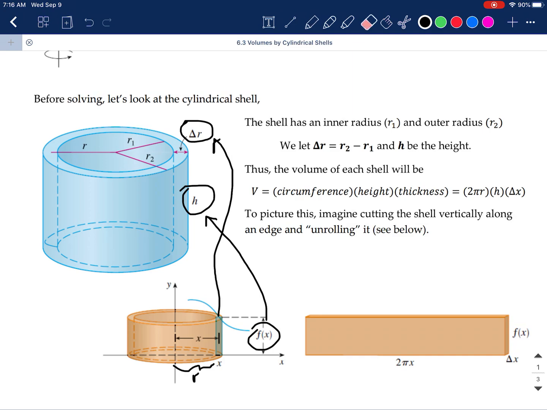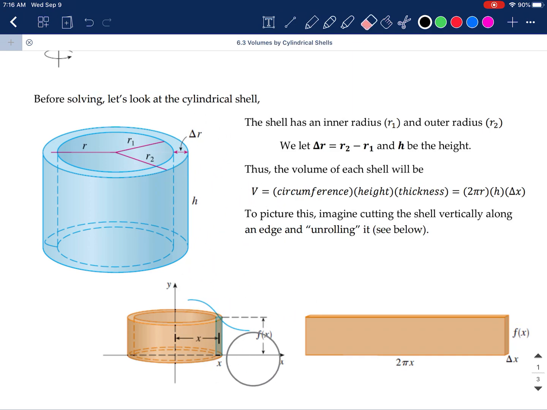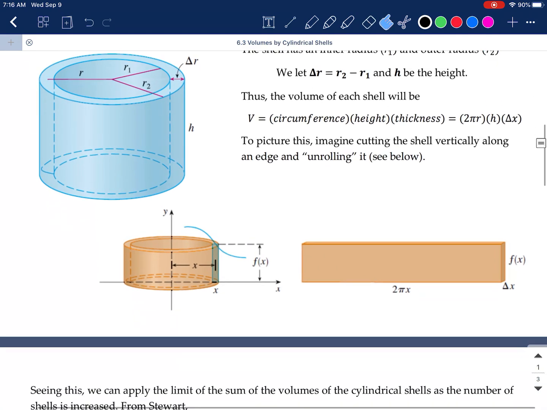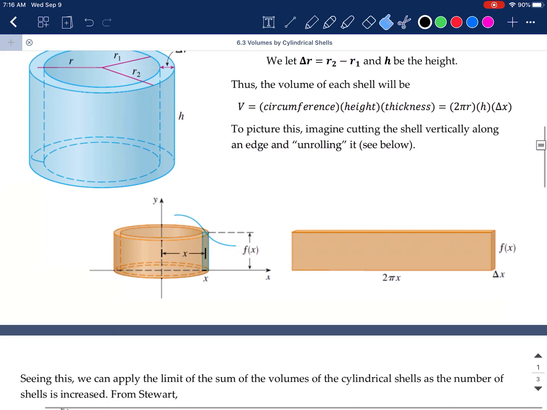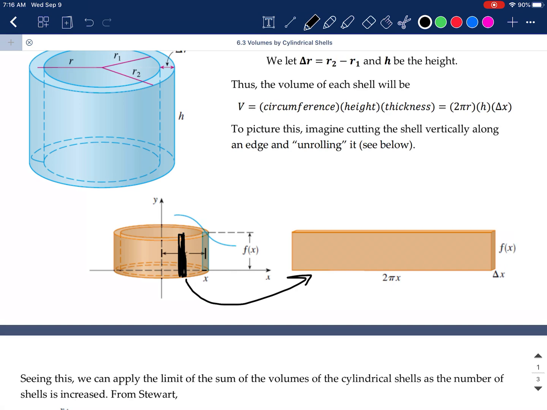So if we took this shape down here, and we were to slice it through with a knife, and then unpack it, what you'd end up with is the circumference of the cylinder, so the circumference of that circle, that little width, and then the height.